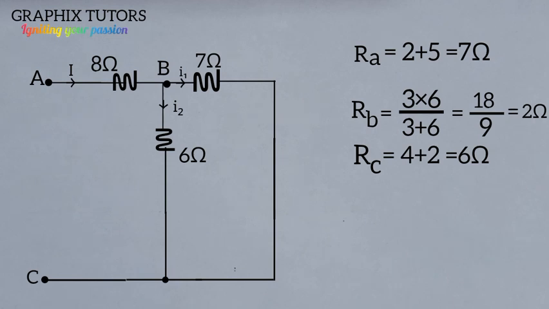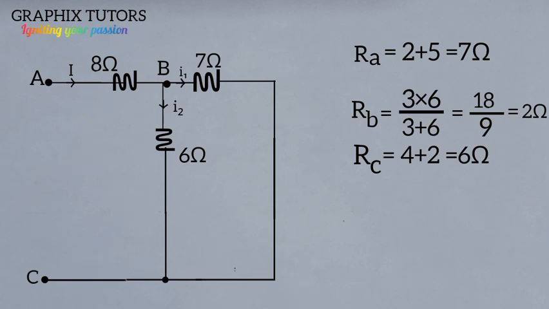Now, what do you notice? We're still starting from the back. Don't forget that. We have 7 and 6. You realize that I1 is flowing through 7 and I2 is flowing into 6, making both of them in parallel because two different currents are flowing through the two resistors, right?